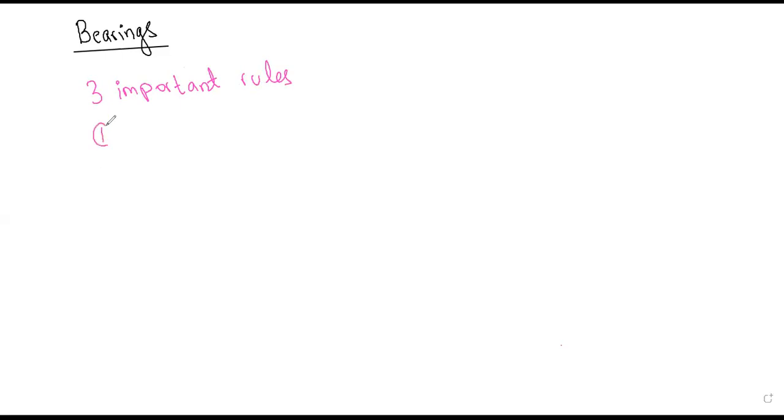Number 1, angle. Always measure the angle starting from north. Okay, for now I'll just write them down quickly and then I'll explain. This is the first rule.